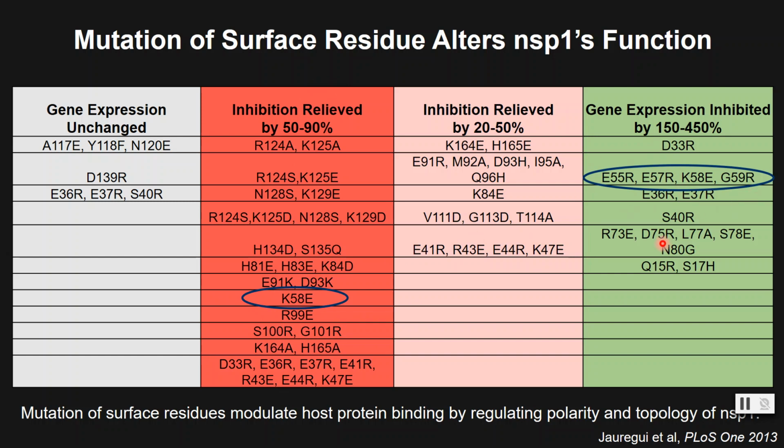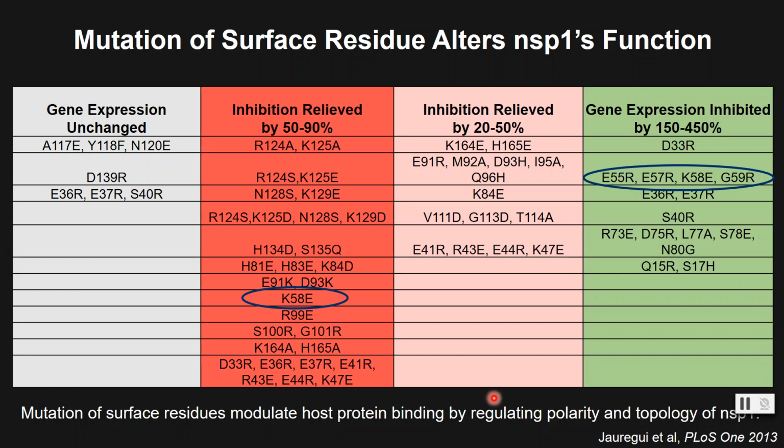So we wanted to study how this amino acid sequence on NSP1 can be helping NSP1 to bind to host proteins or changes its structure to allow it to get weakened or aggravated upon mutation.